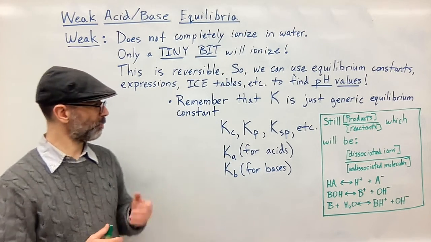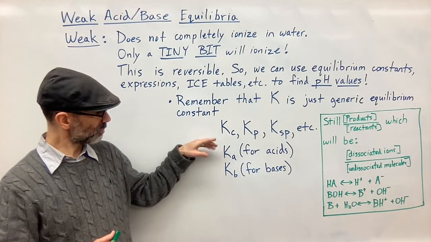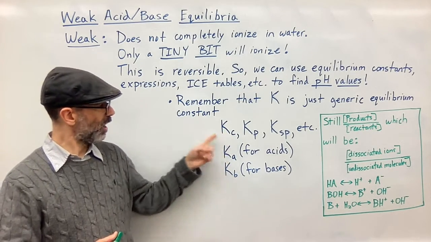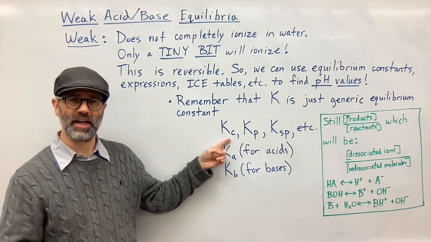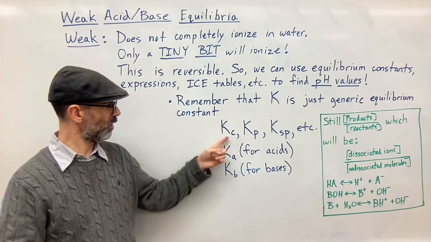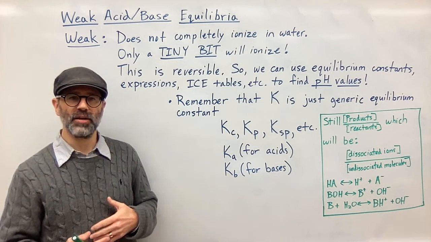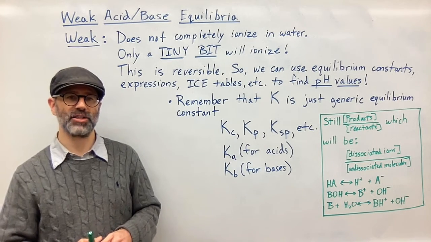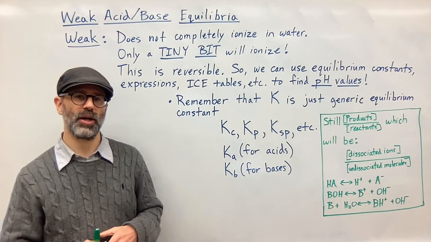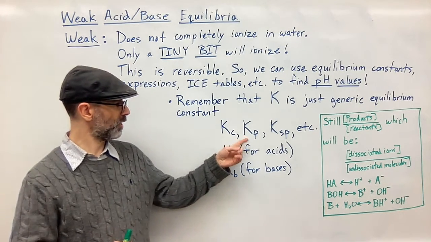For example, if we're looking at a reaction that is happening at equilibrium and we're using concentrations, then we call it Kc. If the species in the reversible reaction include gases and we want to use pressures, then it's called Kp.